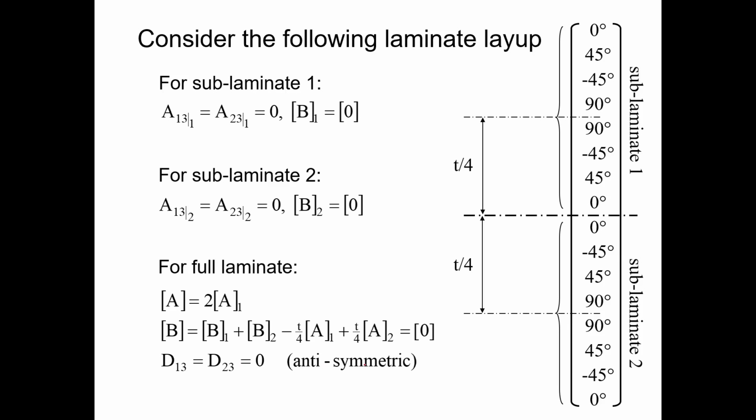Now it's anti-symmetric because you have a 45 degree, now you have negative 45. You have a negative 45, now you have 45, 90 corresponding to 90. So in such a case, you're getting quite a good layout.